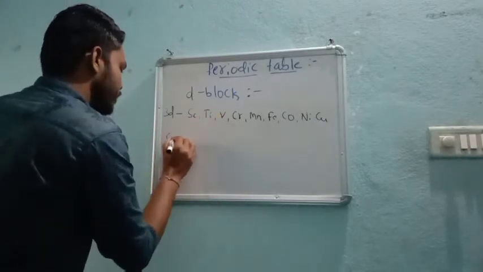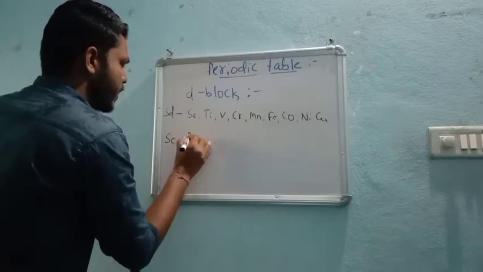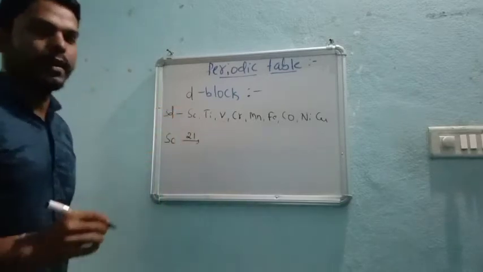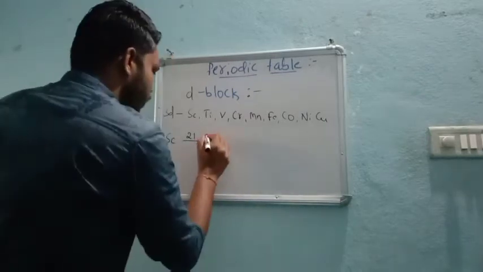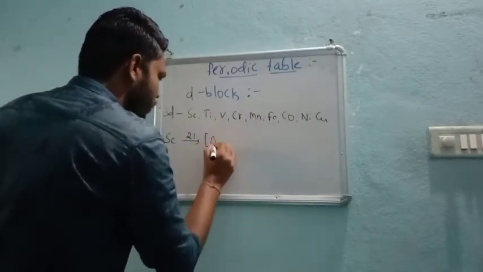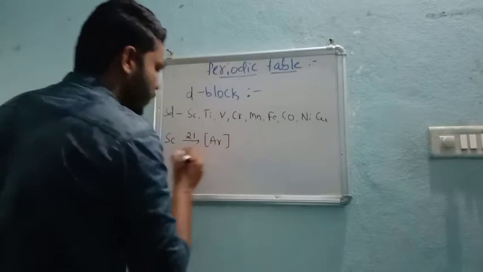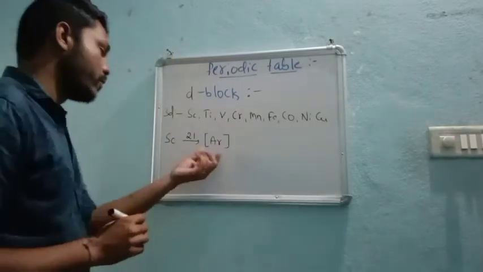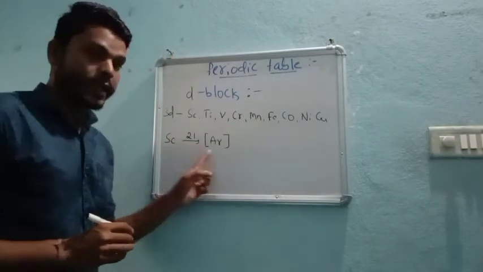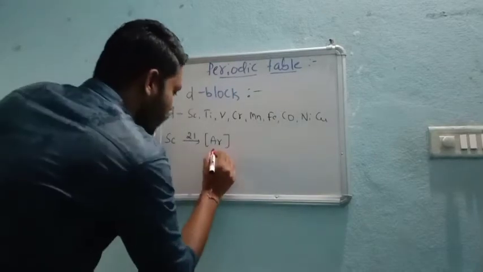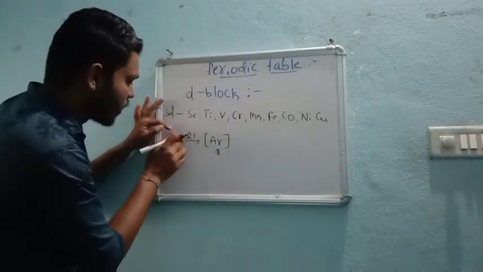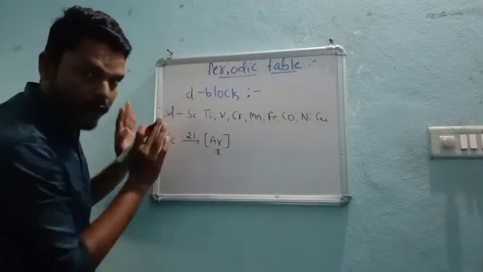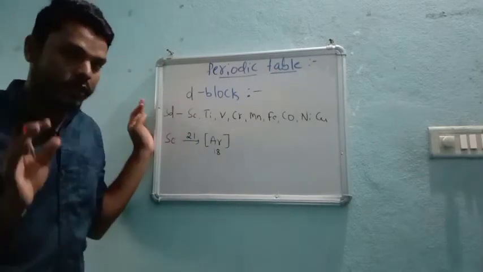First, take scandium. The atomic number of scandium is 21. In the last video we saw the same electronic configuration with argon, the noble gas very near to scandium, whose atomic number is 18. Among 21 electrons, 18 are already filled. Now we have only 3 electrons.